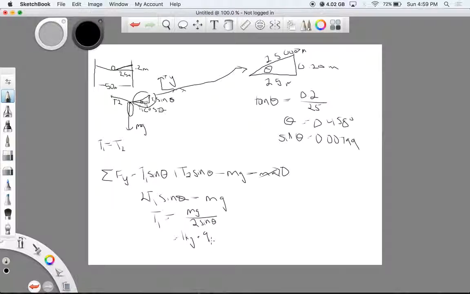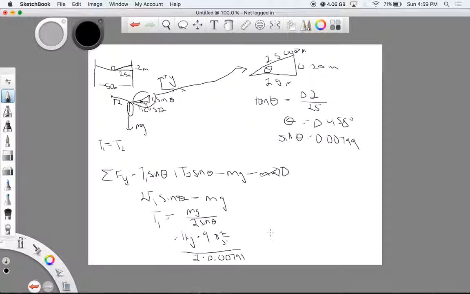So over here, we have 1 kilogram times 9.8 meters per second squared, divided by 2 times 0.00799. Kilograms times meters per second squared is equal to newtons.